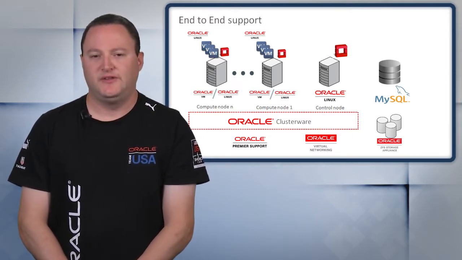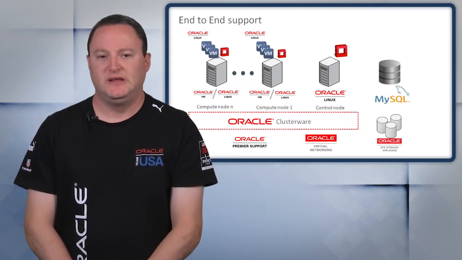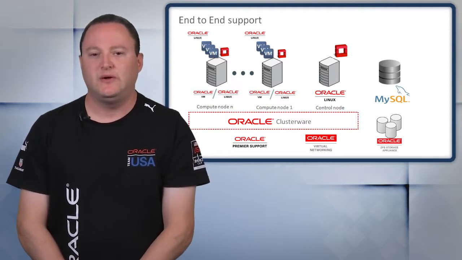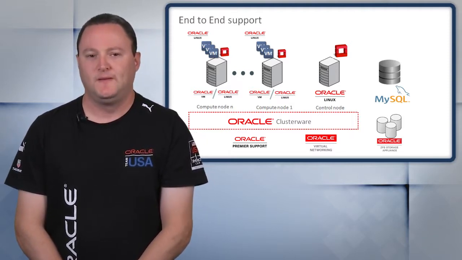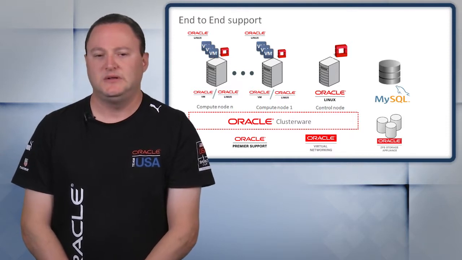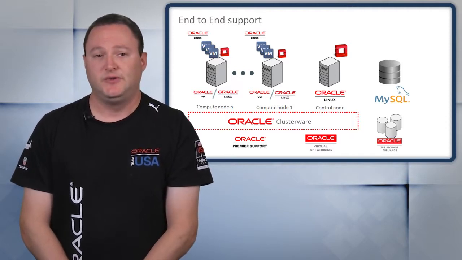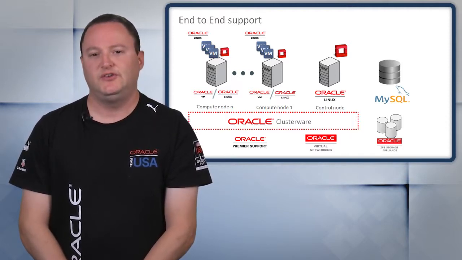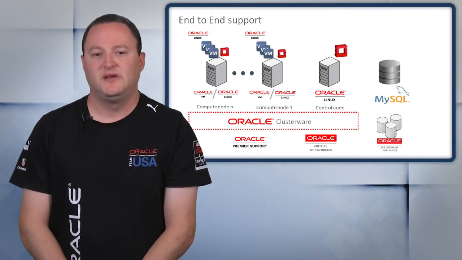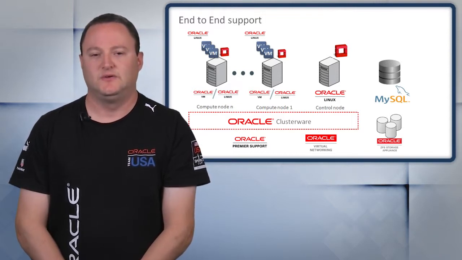Oracle also announced the availability of the Oracle Virtual Networking plugin for Neutron. So Oracle is capable now of supporting all the three pillars, which are compute with Oracle VM and Oracle Linux, storage with ZFS storage appliance, and OVN, the Oracle Virtual Networking.